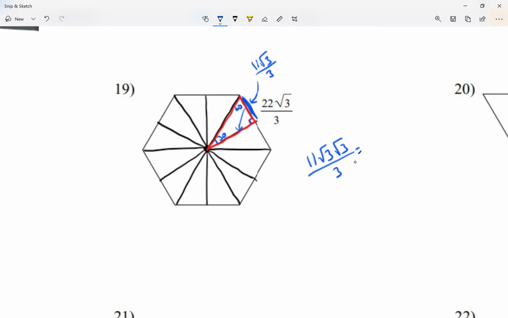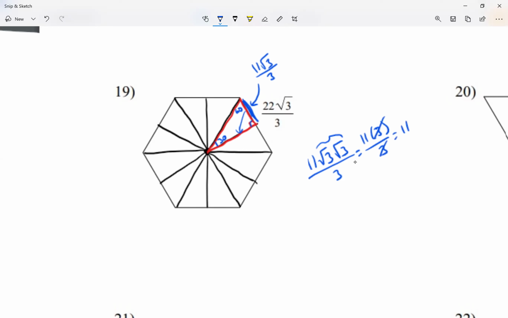I know that's 11 times 3 over 3. Because remember, square root of 3 times square root of 3 is square root of 9, but the square root of 9 is 3. I can multiply the top 11 times 3 and then divide it by 3, or I could just cancel these 3's and it gives me 11. So this measurement is 11.